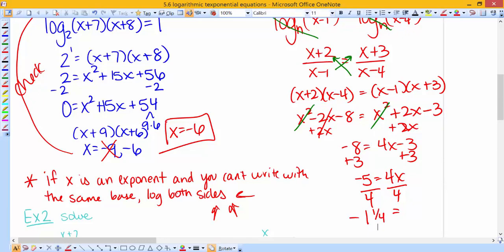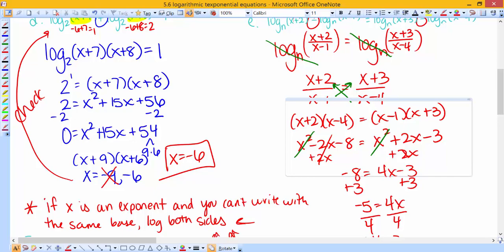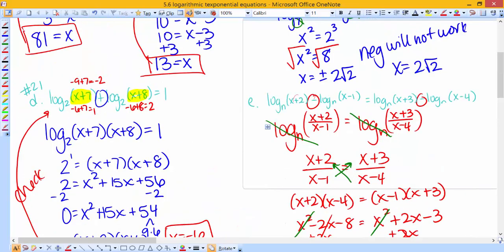Now I need to test that. And you have to test this into every single one of these. Every time you get a positive, you must move on. So if I start in the first one, let me change my color. Let's go with purple. If I plug in negative 1 1/4 and I add 2, that will be positive.